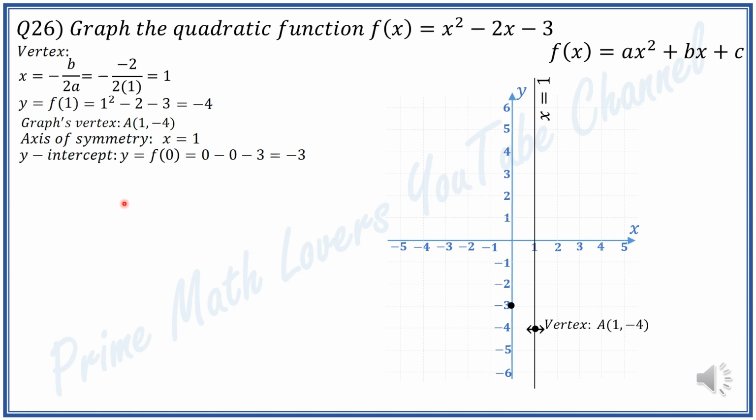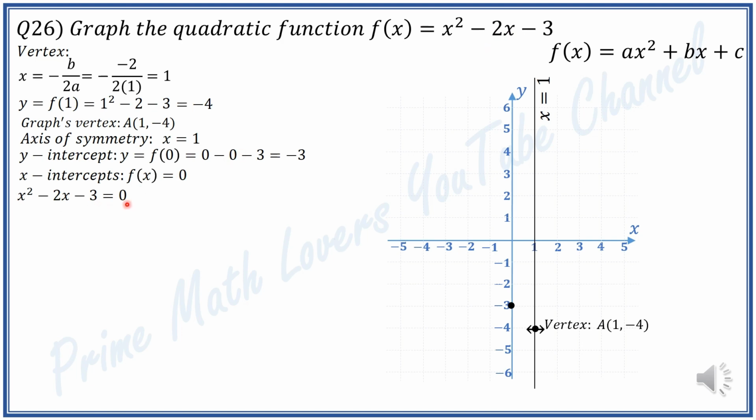The other key feature is the x-intercepts. The x-intercepts are the point or points where the graph intersects the x-axis. This can be found by solving the quadratic equation f of x is equal to 0. So x squared minus 2x minus 3 is equal to 0.